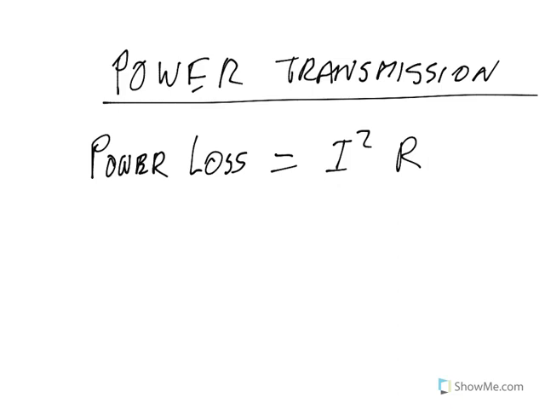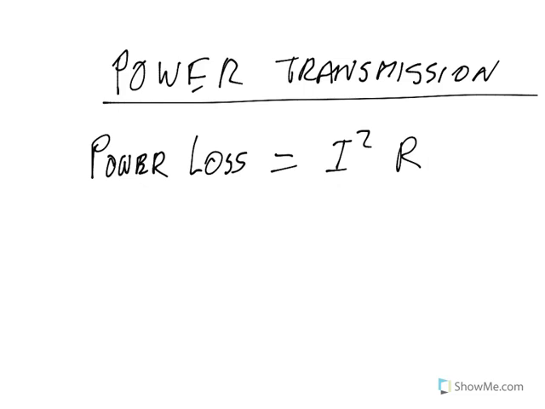I squared R, because we can work out the current flowing through a wire fairly easily. You know, you've got meters these days that can do that quite directly without even connecting into the actual circuit. They put a ring around the circuit and do it that way.